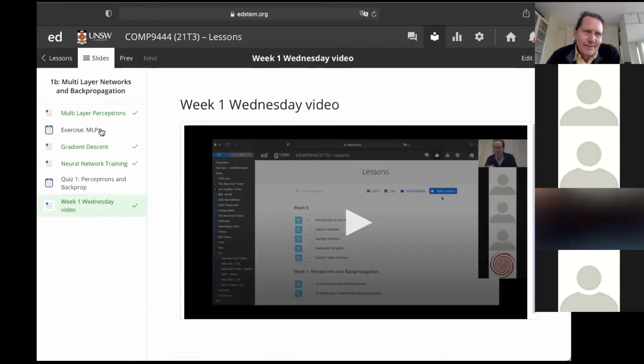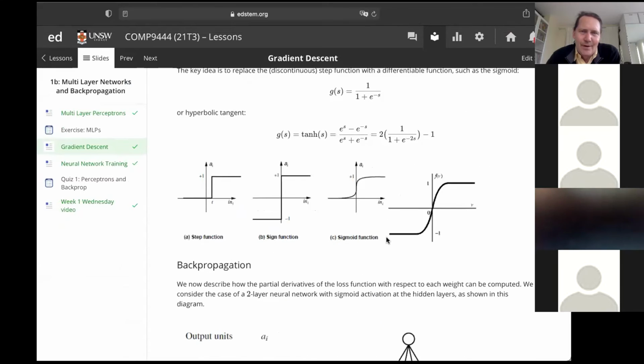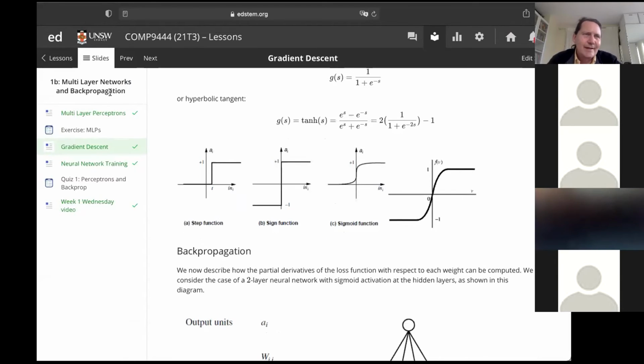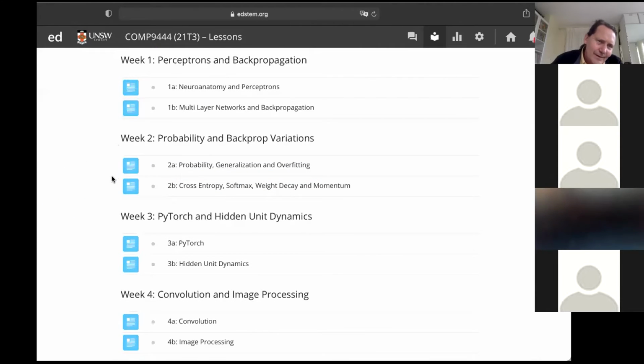Yeah, so with the 2-layer networks, we often use a function like this at the hidden layers, either this or this. And then we use this at the output layer as well. That graph isn't very good.